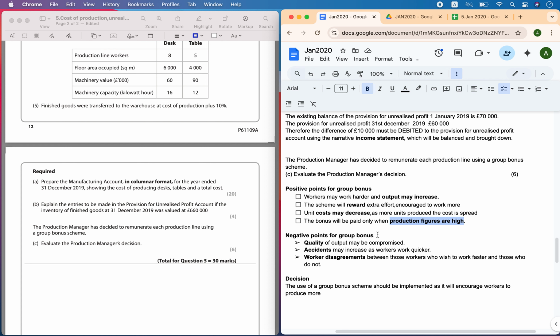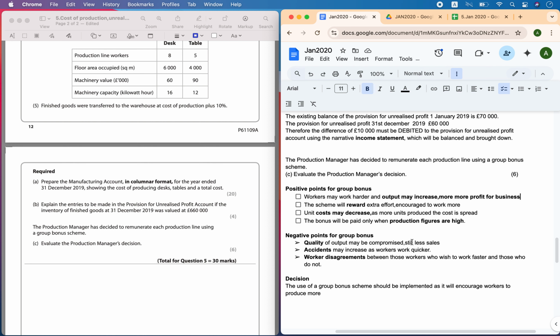But the negative points for the bonus are that the quality of the output is compromised. So what happens? The quality is not good, and then there are fewer sales and less profit. Here, production output might increase, and so more profit for the business, and it encourages the workers to work more.